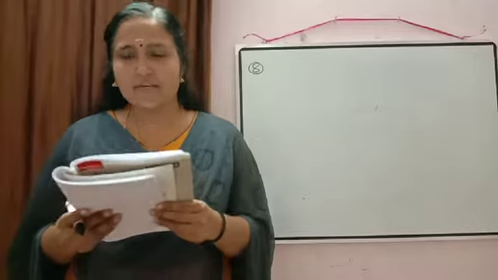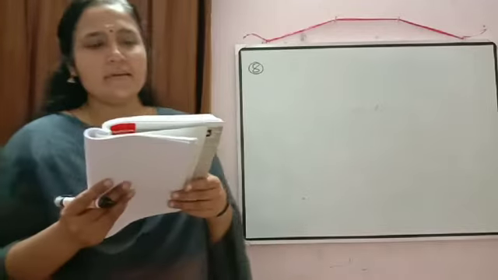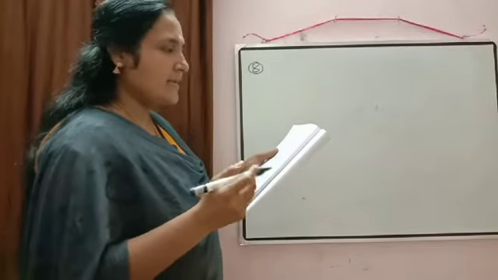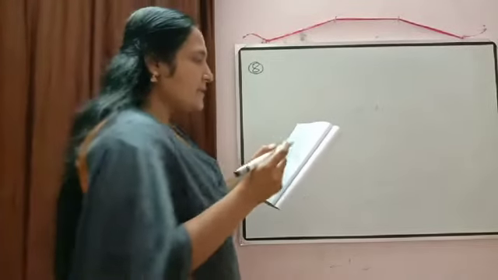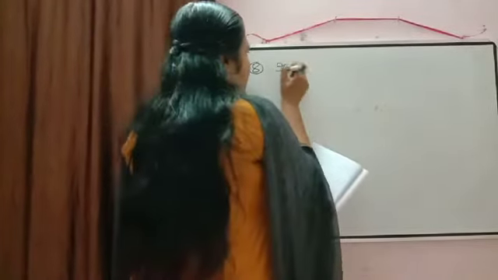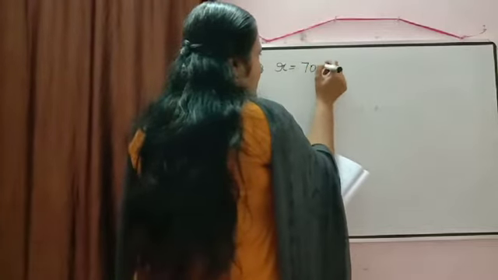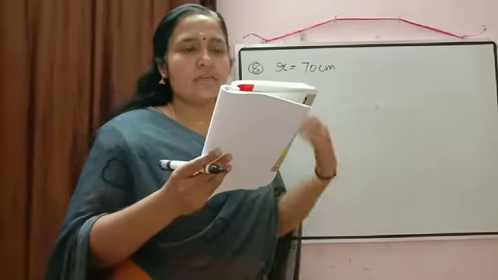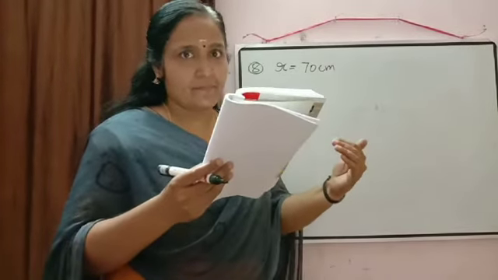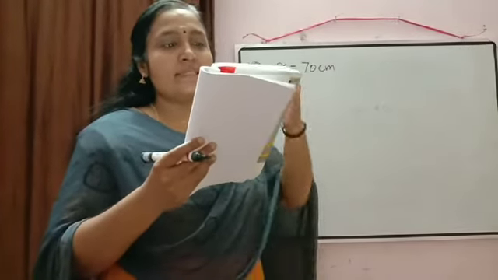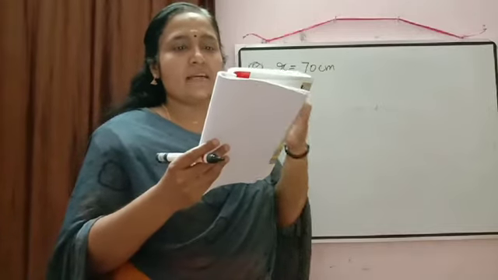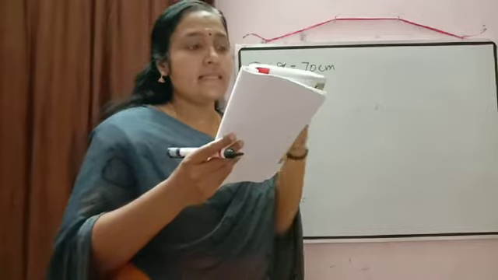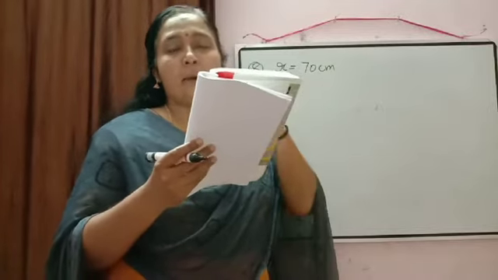Now next question you can check. It is written the diameter of a driving wheel of a bus is 140 centimeter. Again diameter is given. So directly we can write down here radius is equal to 70 centimeter. How many revolutions per minute must the wheel make in order to keep a speed of 66 kilometer per hour?